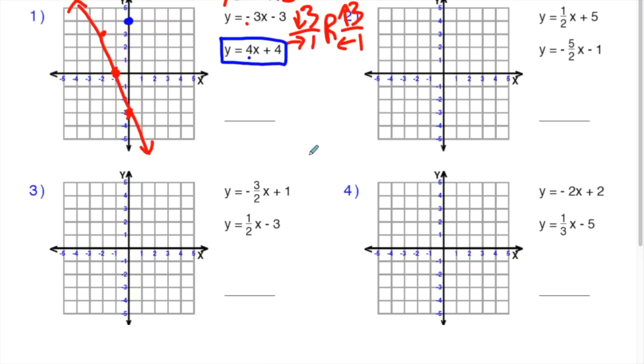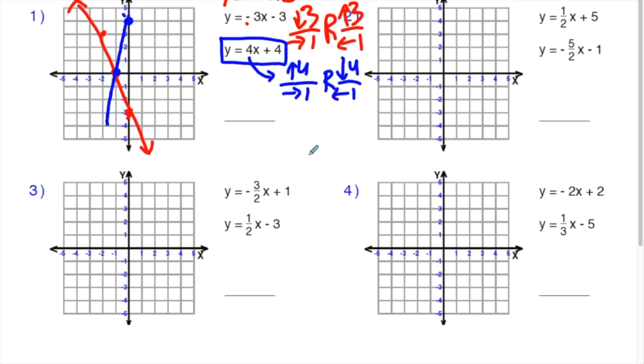So again, instead of going up 4 and right 1, because we don't have room for that, you are going to put your slope in reverse, and you're actually going to go down 4, and the only time that this is legal is if your slope is in reverse, you're going left 1. So down 4, left 1.